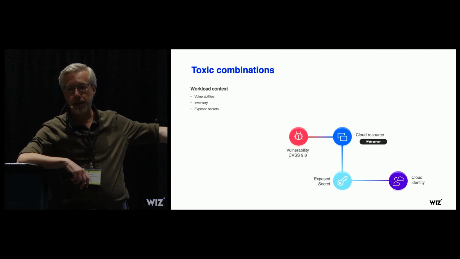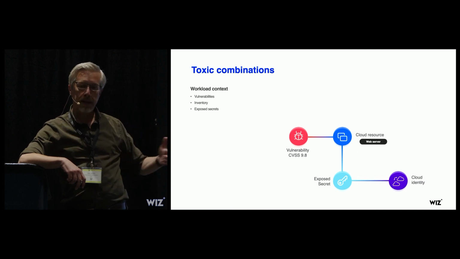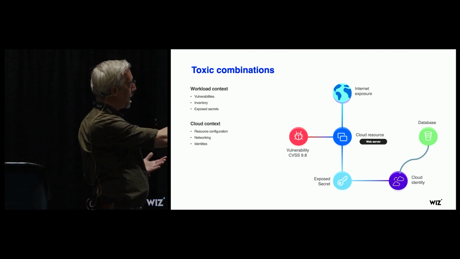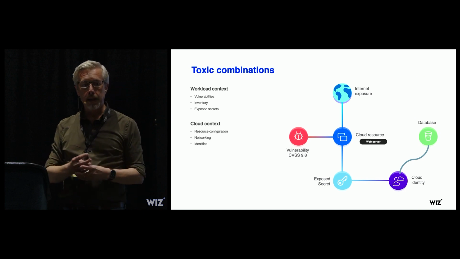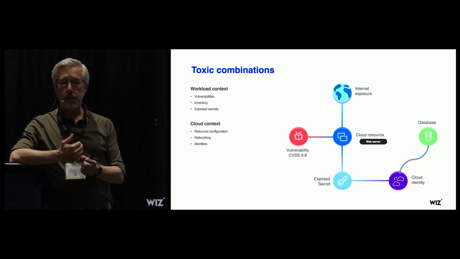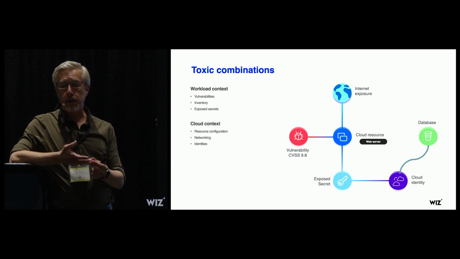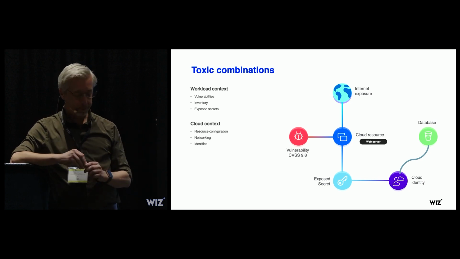I can adopt a role. Well, what can the role do? I keep asking what if or so what. Well, it can reach a database, and there's internet exposure. And again, we're combining things here. So exposure is cloud security posture management, the vulnerability is workload protection, and of course, infrastructure entitlement, that's the identity there.